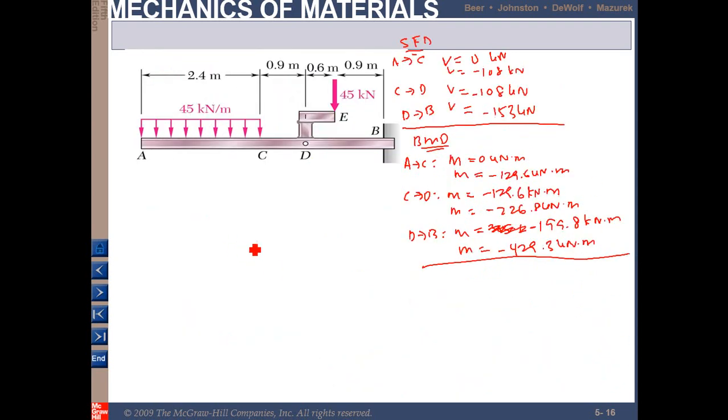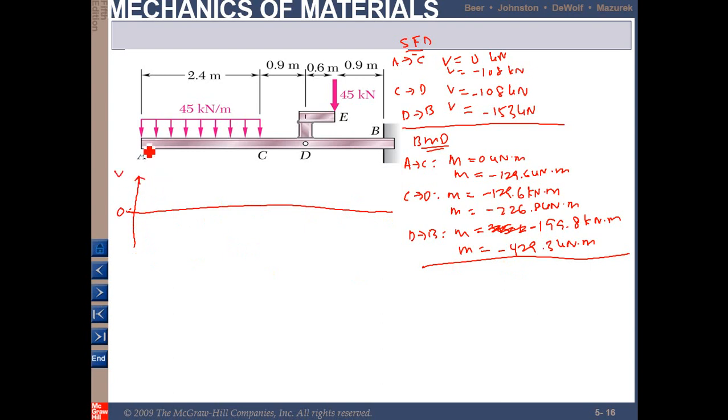So now we are going to construct the shear force diagram and bending moment diagram. So this is 0, this is the 0 value of shear force.